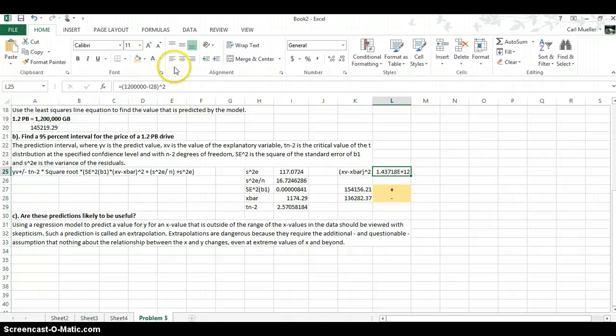Just to break it down, and sometimes in Excel you will have to break stuff down like this, where there are these incredibly complex algebraic and regression equations, piece by piece just to ensure your accuracy. So in looking at this, your confidence interval, your predicted interval, is actually between 154,000 and 136,000.